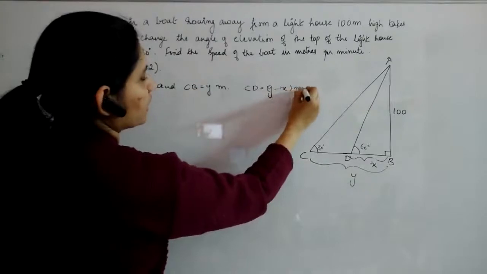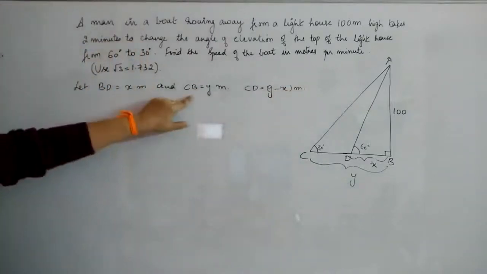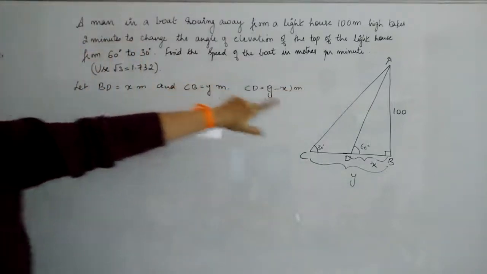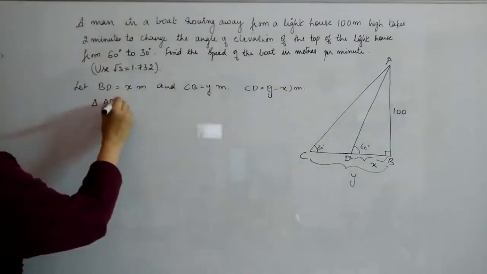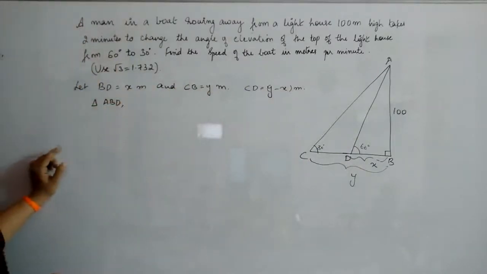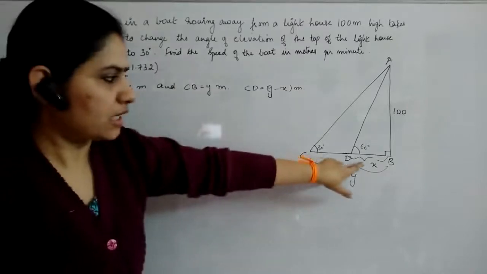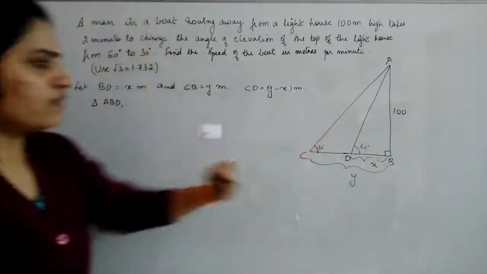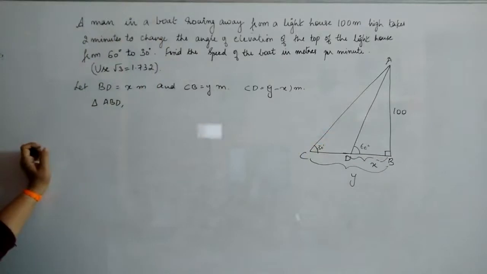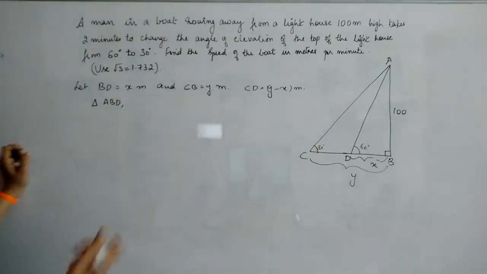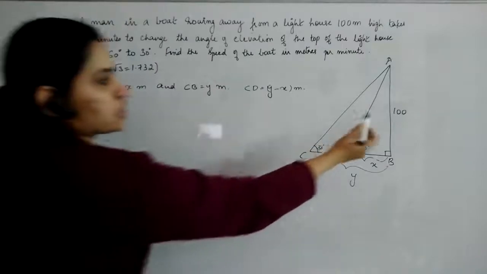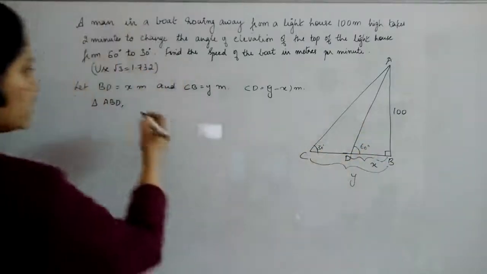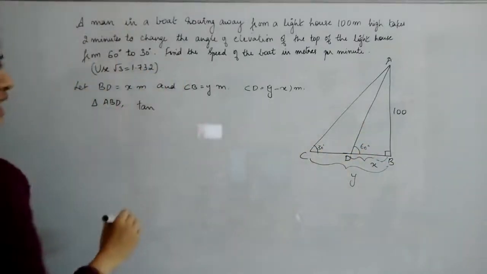This is what you need to find out. For that we need x and y. From triangle ABD you can find x. The trigonometric ratio is opposite side by adjacent side, so you'll get tan of the angle.